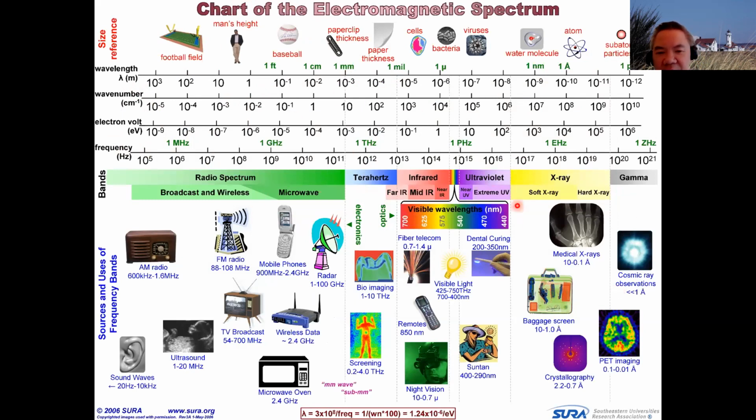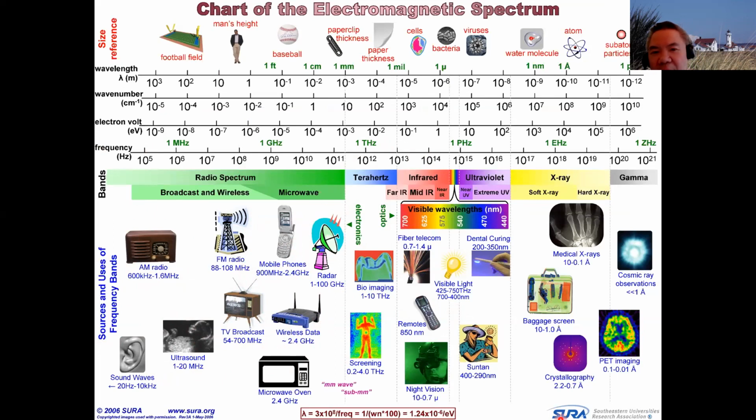So essentially, the visible light is important for light bulbs, night vision, suntan, dental curing, fiber optic technology, et cetera, bioimaging, more in a terahertz region. Microwave tends to be where radar, microwave ovens work. Broadcast and wireless occur, AM, FM radios in the megahertz region.